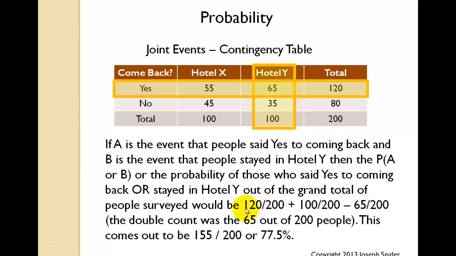So you'll see here that it's 120, 100, and minus 65. This comes out to be 155 out of 200, or 77.5%. So this is how you calculate the probability of an OR condition, probability of A or B.